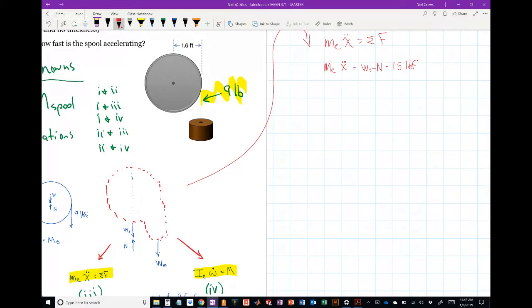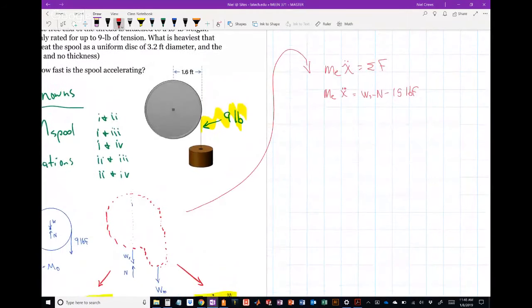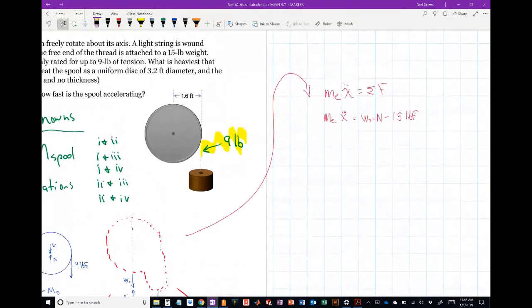That's actually the easy thing about the U.S. units. So we've got a question mark here, and that is, what is this going to be? We see that this normal force and the weight cancel themselves out.